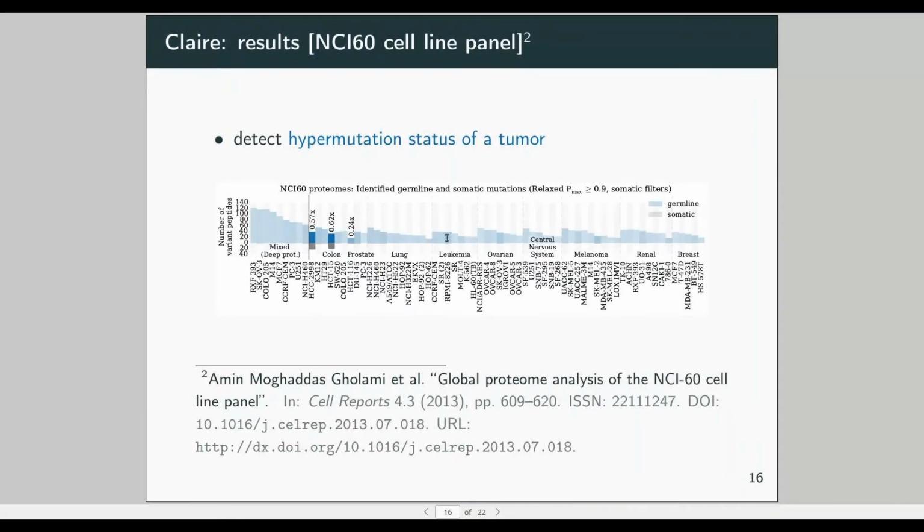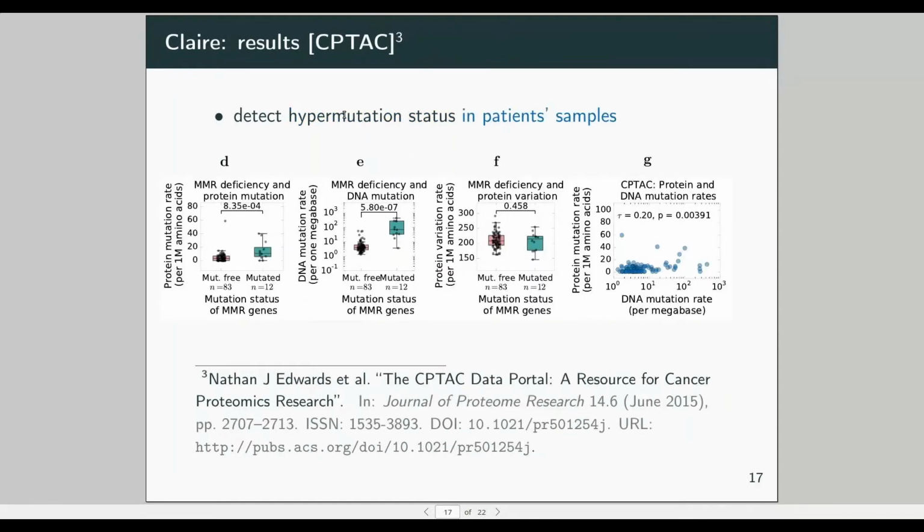Here we showed, on the analysis of the NCI60 panel, which contains 59 cell lines, that if we compare detected germline and somatic variants, those samples which have deficiencies in DNA repair mechanisms have much larger rates of protein mutations. We actually saw the same when we analyzed patient samples.